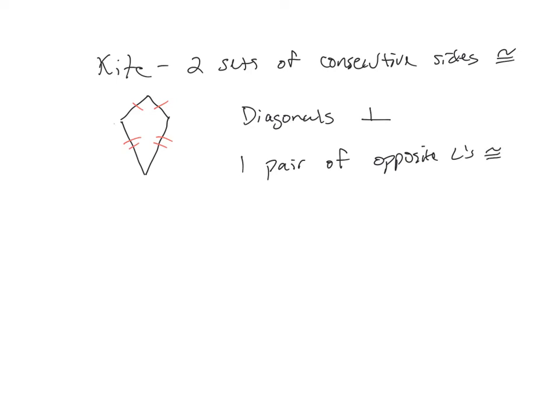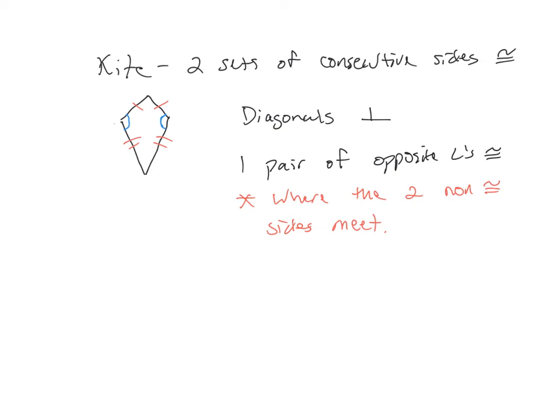And it's always where the two non-congruent sides meet. So, which pair are congruent? Well, it's the two where the two non-congruent sides meet.